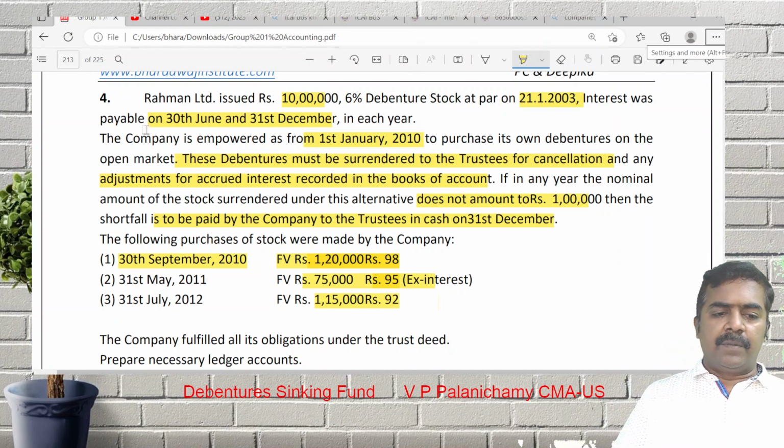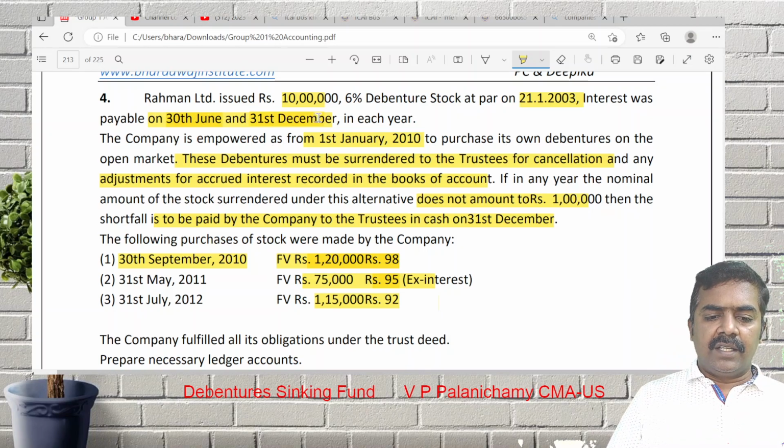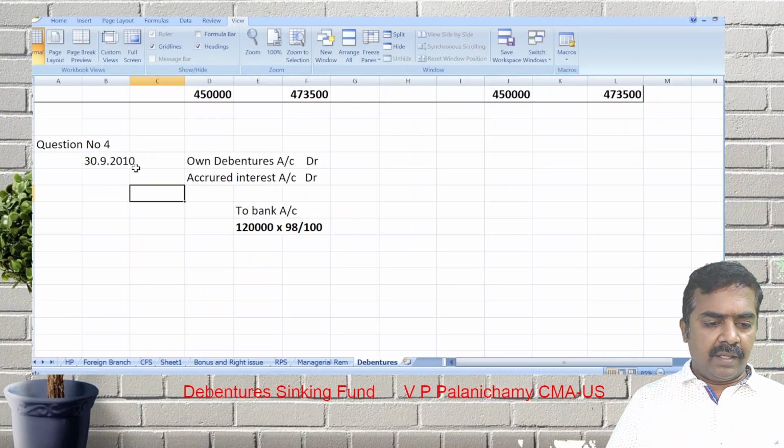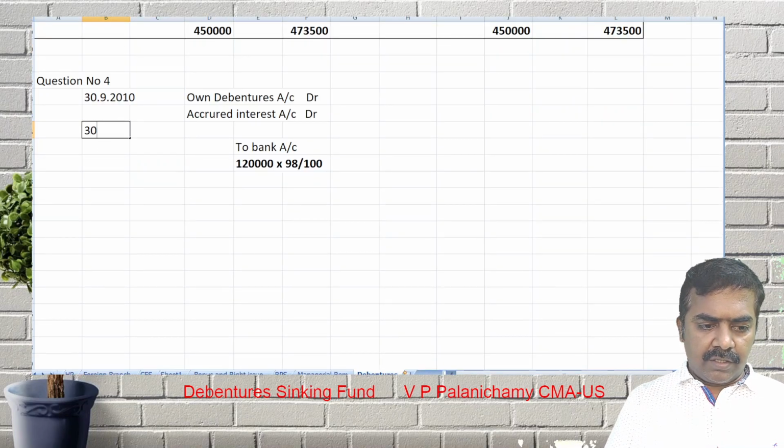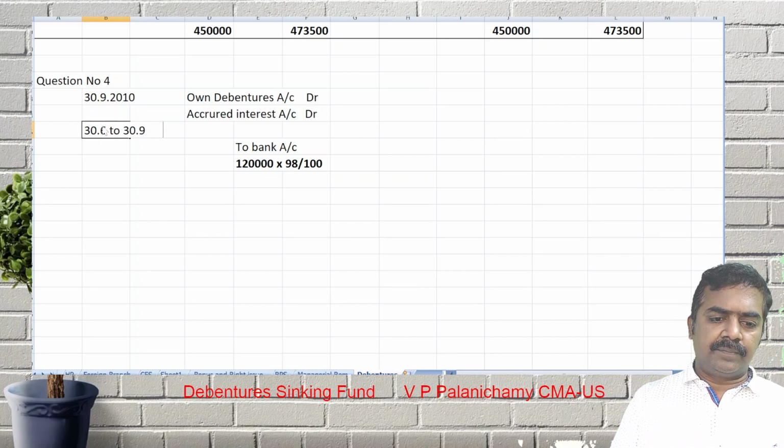எப்போ interest pay பண்றா பாருங்க, 30th June and 31st December pay பண்ணிருக்காங்க. So interest should be calculated from what date to what date? 30th June ல இருந்து to 30th September வரைக்கும். எவ்வளவு months interest?